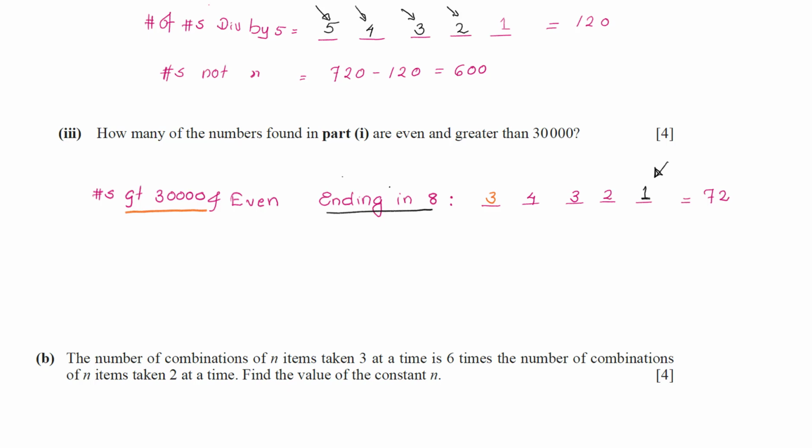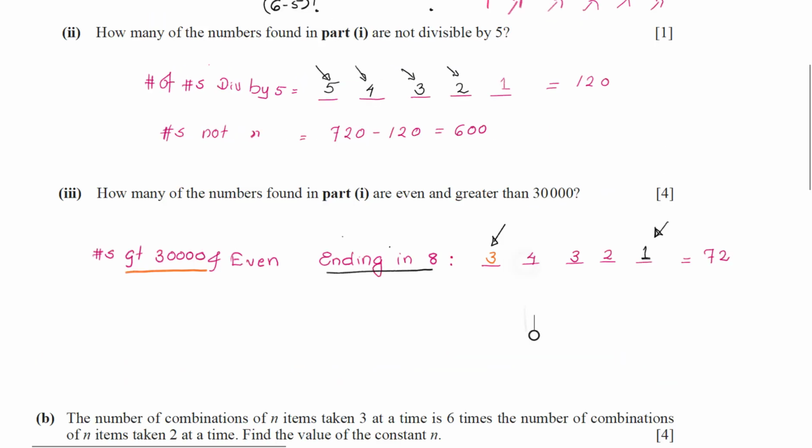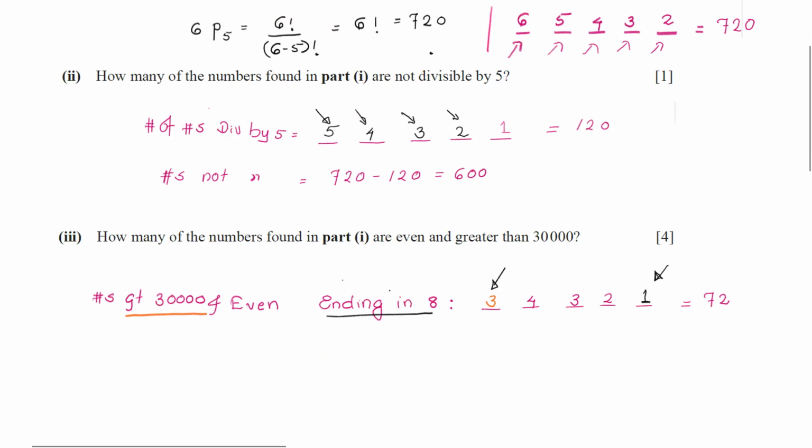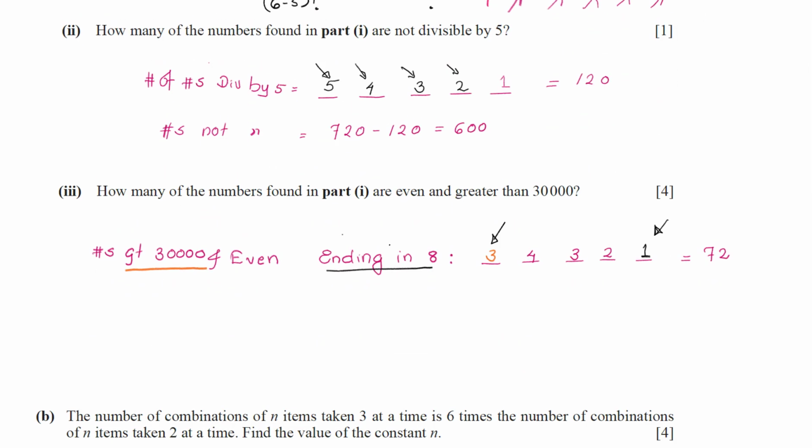Now the second one that you need to fill is the first position. After 8 being used, there are 3 ways to fill this position. Those are, let's go back to the numbers, 3, 5 and 7. There are 3 ways to fill this. After that, out of 6, 2 of them are used. There are 4 remaining ones. 4, 3, 2 ways we can fill all of them, and that is 72.